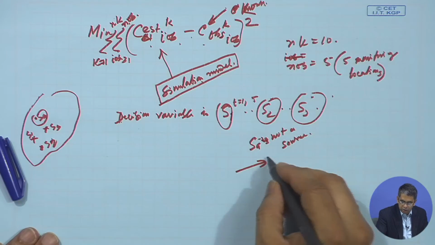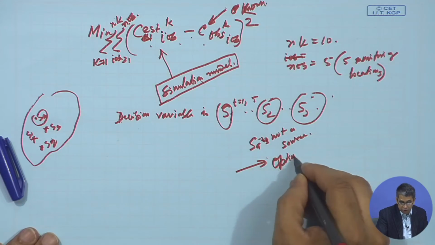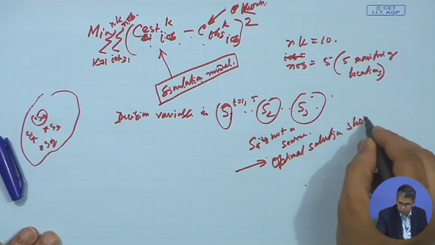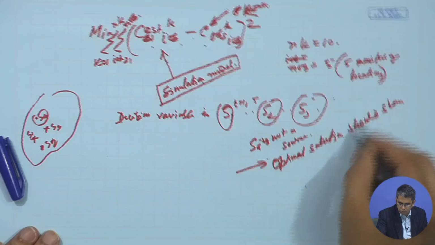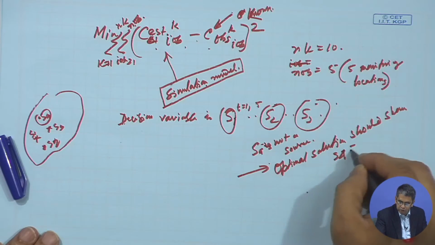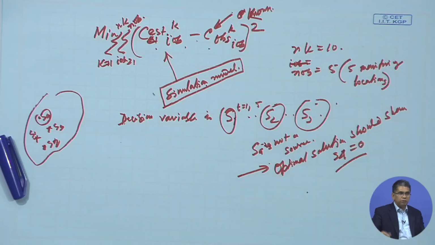Then your optimal solution, if it is correct, should show S4 equal to 0. Okay. So, even if it is a dummy source, because we assume that it is possible, but actually it is not a source, the optimal solution should show that it is 0, otherwise your model is not correct, your inference is not correct.